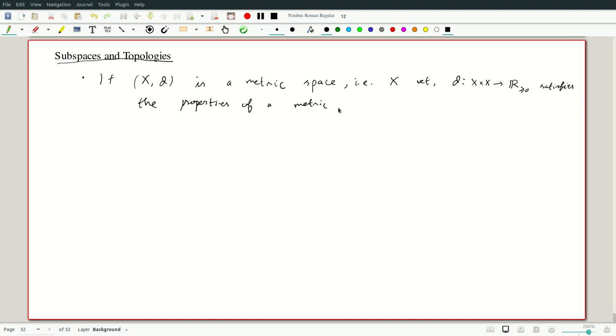Suppose we have this, and Y contained in X is a subset, just a subset. Then it's immediate that d restricted to Y cross Y, mapping Y cross Y to the reals greater than or equal to 0, is a metric.